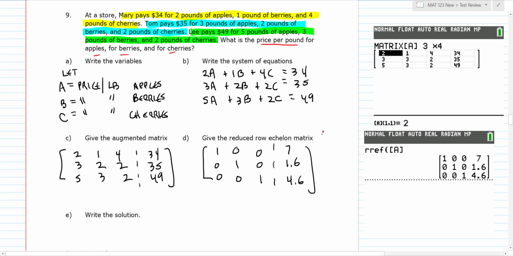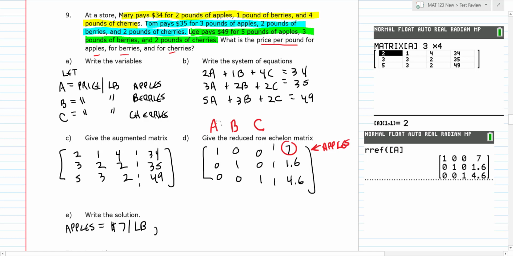Again, this column is apples, this column is berries, and this column is cherries. So that would be your apples: apples are $7 per pound.